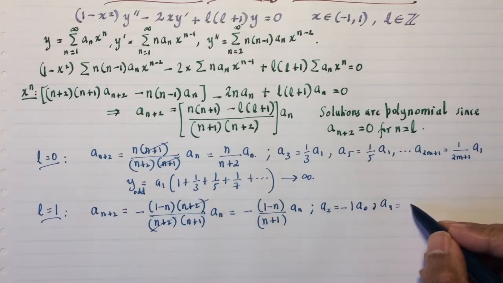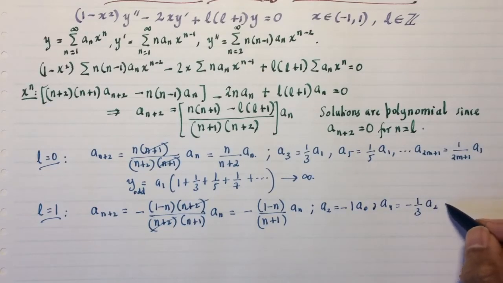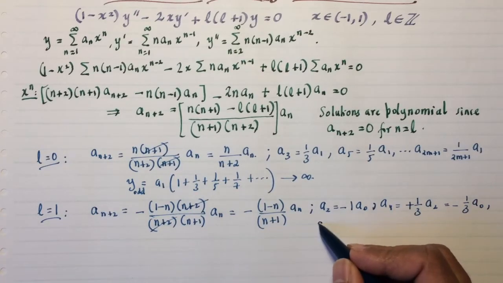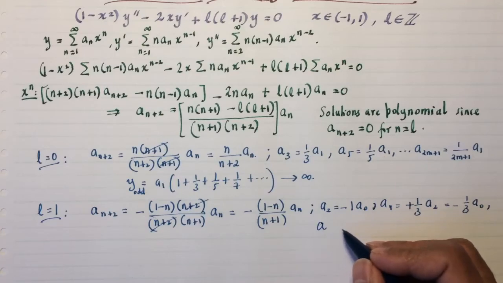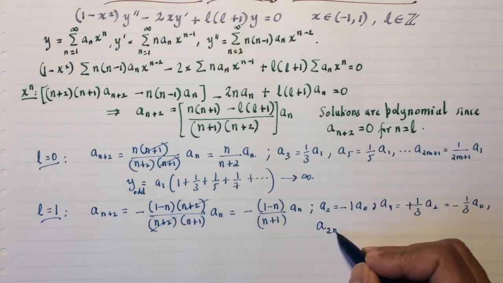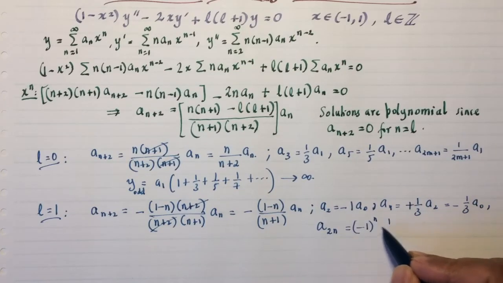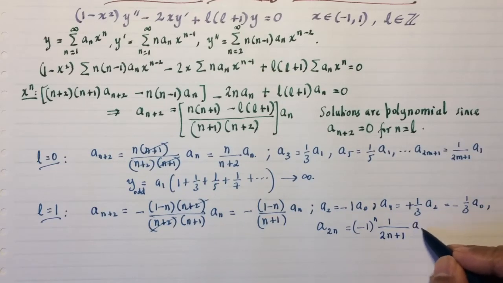So that's going to be negative 1/3 a2, but a2 itself is negative 1 a naught, so this is actually positive 1/3 a naught. And so if you keep generalizing like this, a_2n is equal to negative 1 to the power n, times 1 over (2n plus 1), a naught.